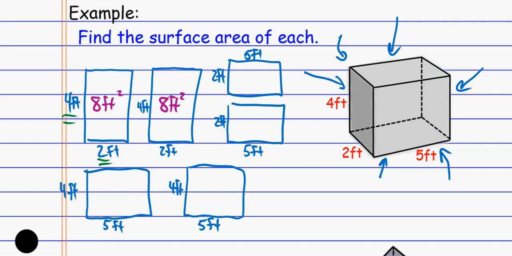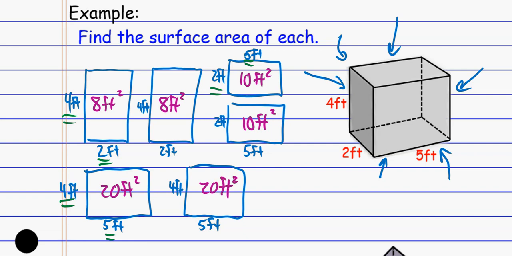And now if I move on to the next rectangle over here, this is going to be a 2 foot by 5 foot rectangle. So again, I multiply those. That gives me 10 square feet. The next rectangle is the same. If I move on to the next one right here, I've got a 4 and a 5, so that's 20 square feet when I multiply that out. And then the next rectangle is also the same thing.